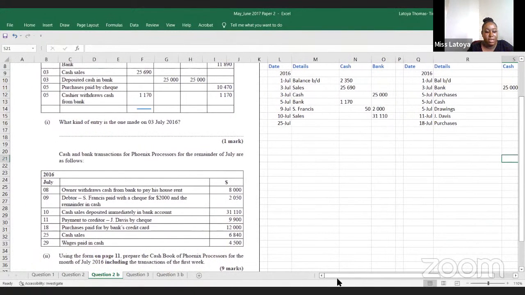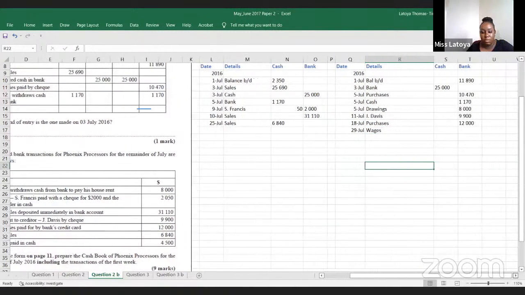On the 25th, we have cash sales. Cash sales, and the amount in cash is 6,840. On the 29th, we have wages paid in cash. So on the 29th of July, wages paid in cash.